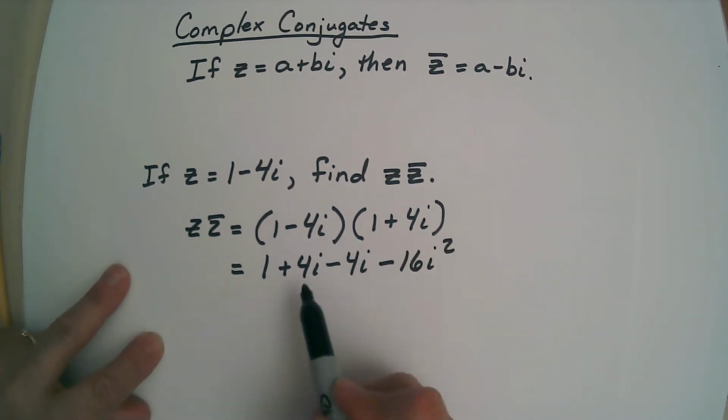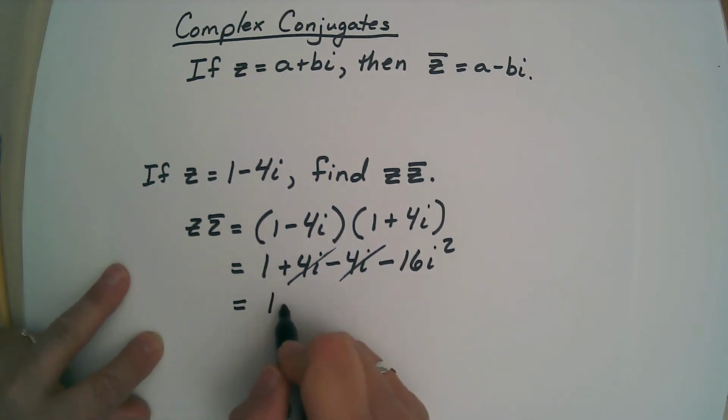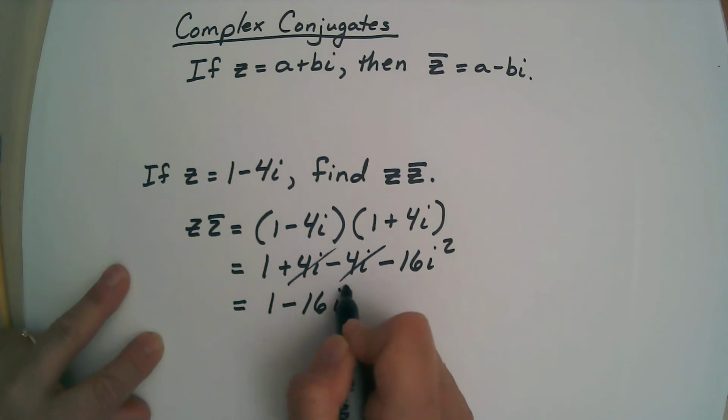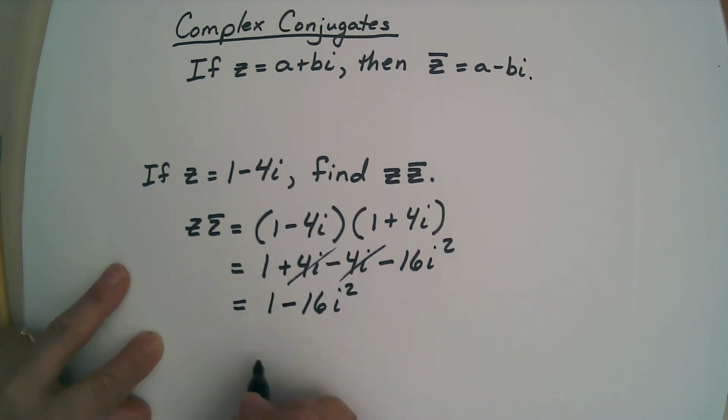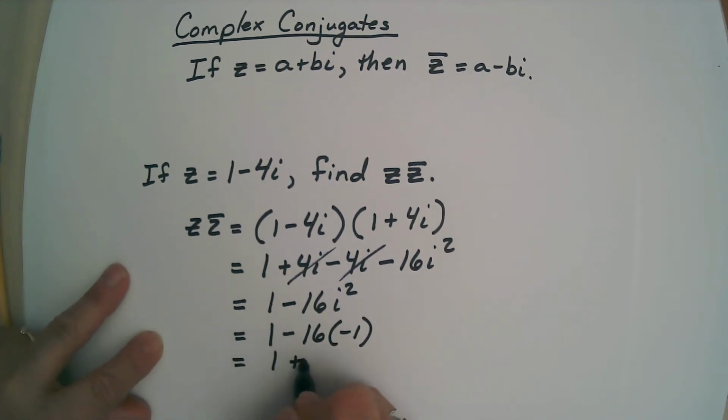And as you recall, when you multiply conjugates together, those middle terms drop off. So we end with 1 minus 16i squared. But again, i squared is equal to negative 1. So we have 1 plus 16, or 17.